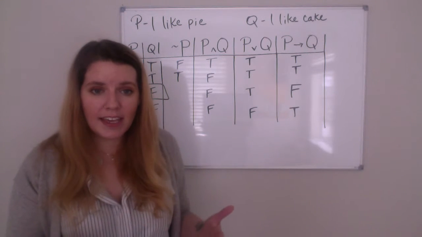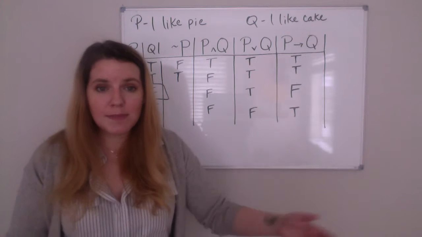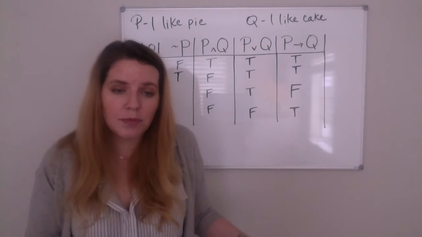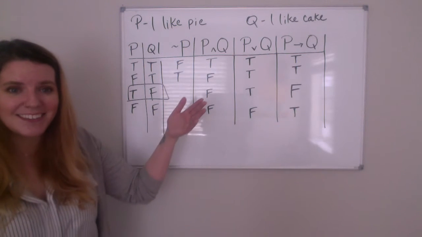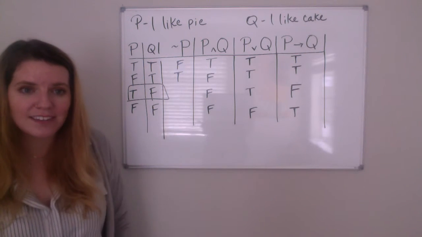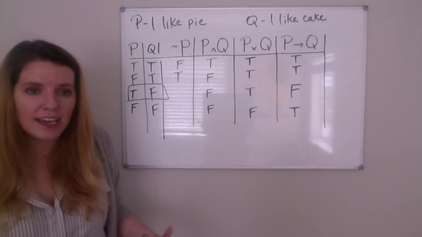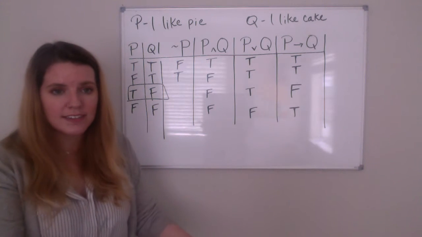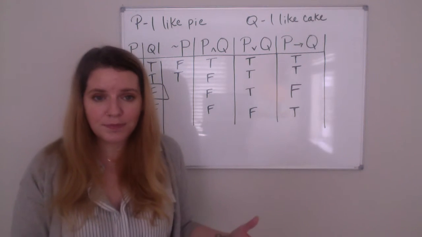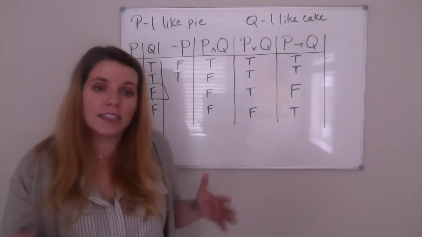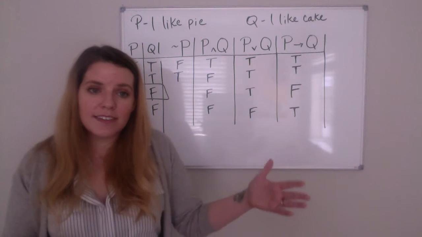So it could be the case that it's not raining, but I spilled my soda outside and now the grass is wet. In that situation, it's false that it's raining, but it's true that the grass is wet. But it could still be the case that when it does rain, the grass does get wet. So just because the antecedent is false and the consequent is true, that doesn't mean that the whole conditional claim is false. It could still be true.